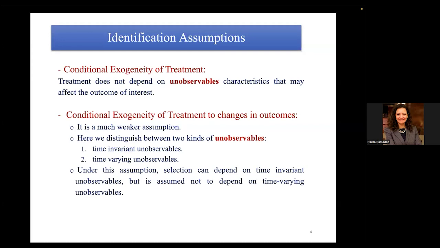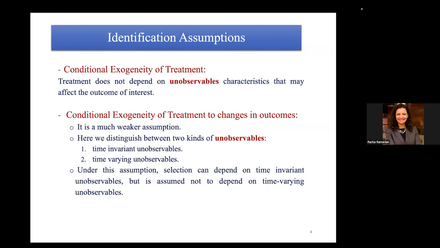But other unobservable characteristics relating to my personality or my IQ would not change over time. So under this assumption, we can eliminate the selection bias related to the unobservable characteristics by focusing on the characteristics that are time invariant, and we assume that if we control for this, we are eliminating the bias.